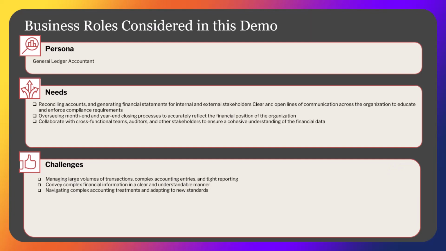So in terms of the system roles that we're going to focus on today, it's going to be general ledger accountant. Some of the general ledger accountant needs include reconciling accounts, generating financial statements for internal and external stakeholders, clearing open items, and overseeing month and year-end closing processes to accurately reflect the financial position of an organization.